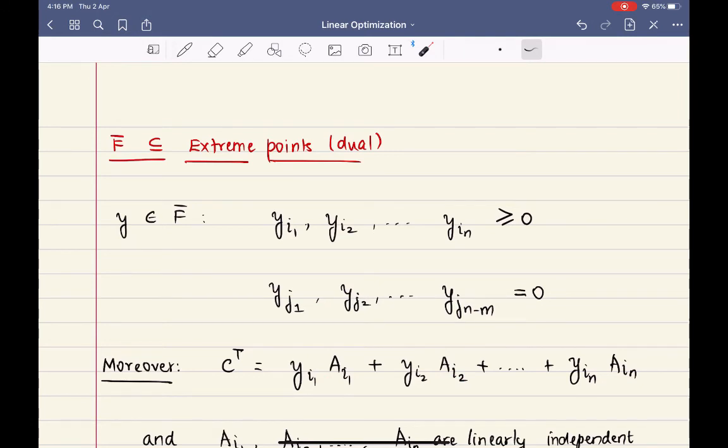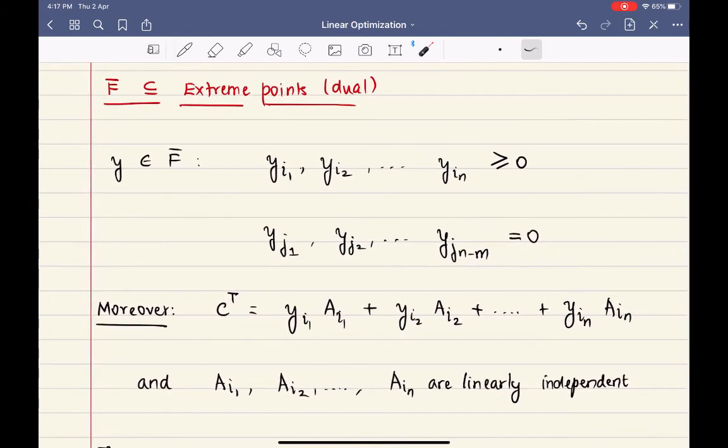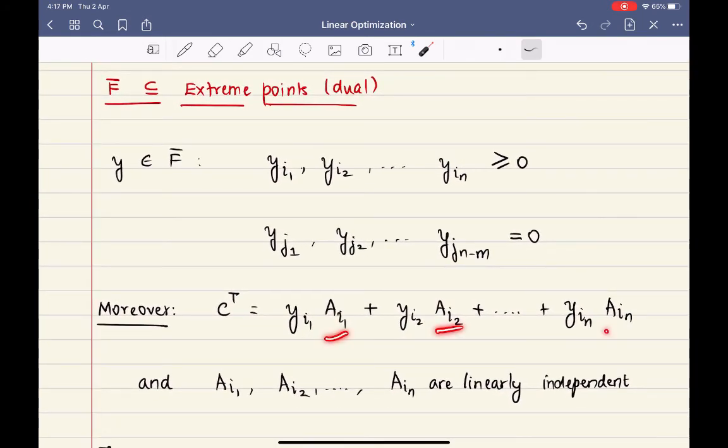Okay, and the others are equal to 0. The rows corresponding to the indices will be here. Now moreover, this ai1, ai2 till ain are all linearly independent. So this is how we defined f bar.